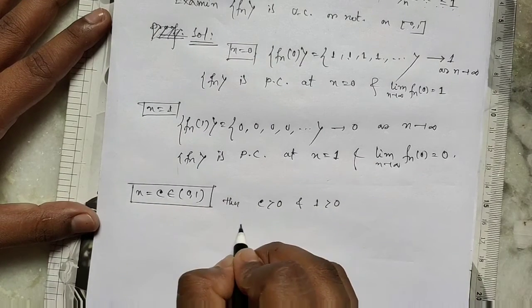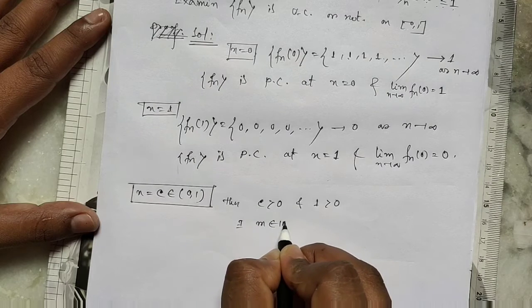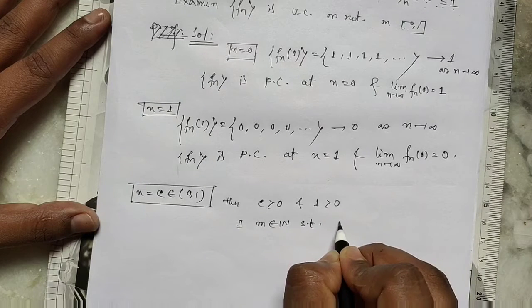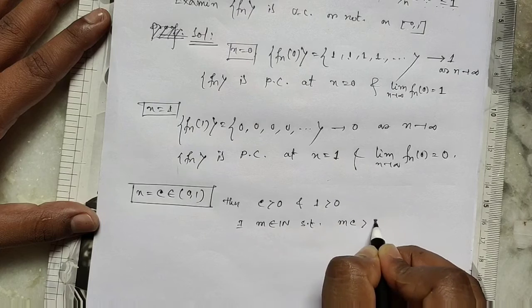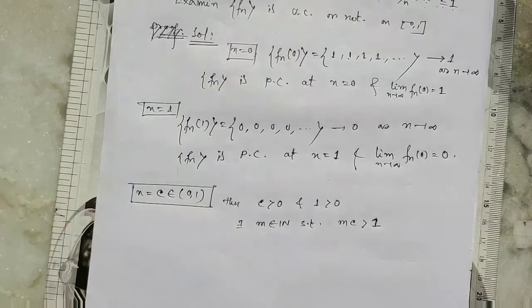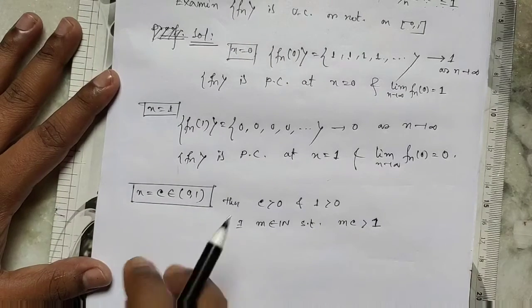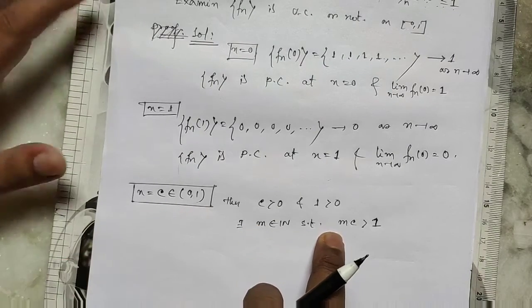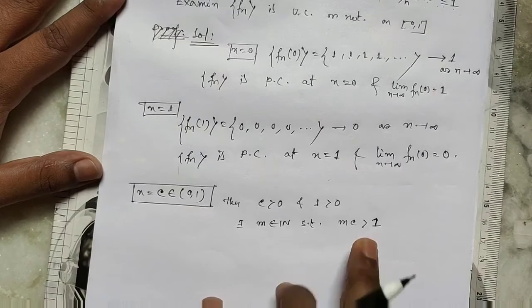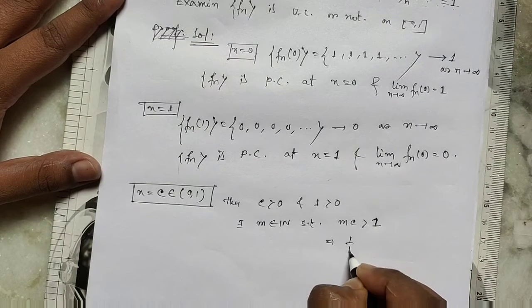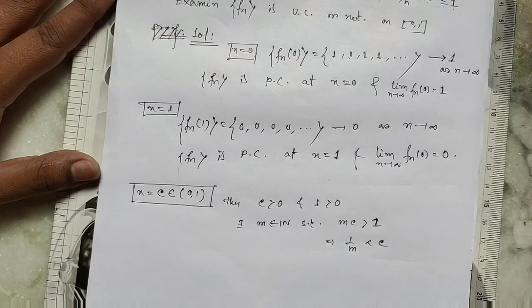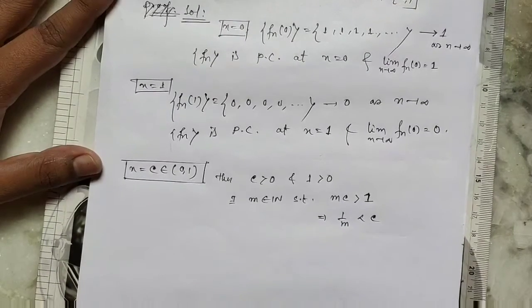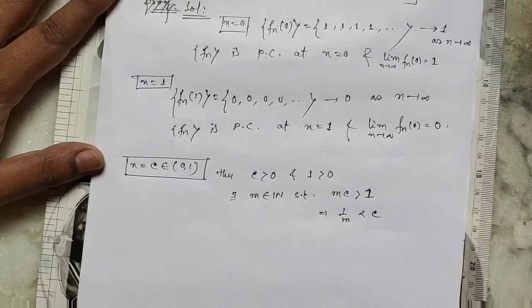By the Archimedean property, there exists a natural number m belongs to N such that mc is greater than 1. So this implies 1/m is less than c.